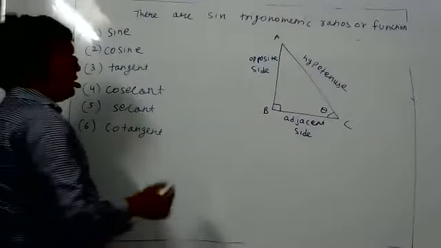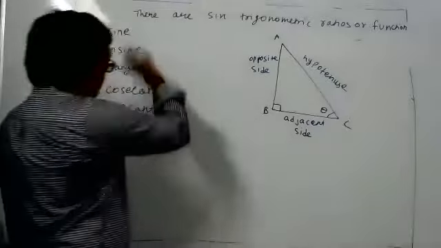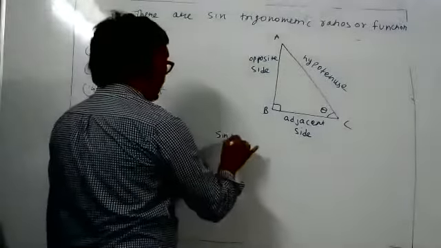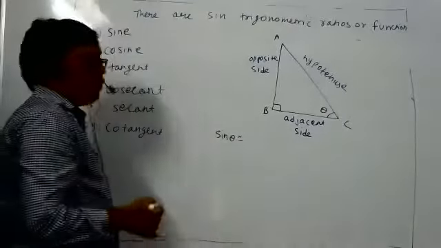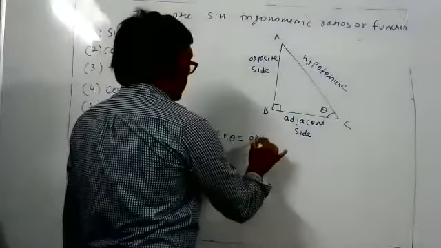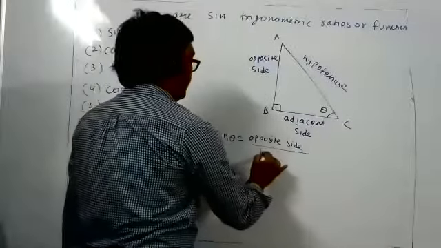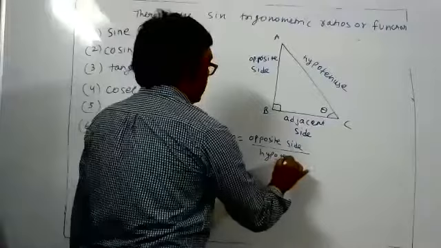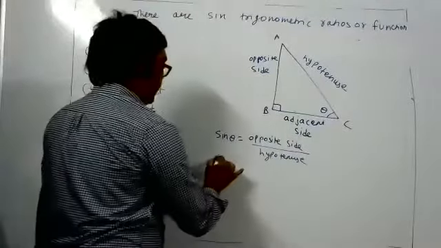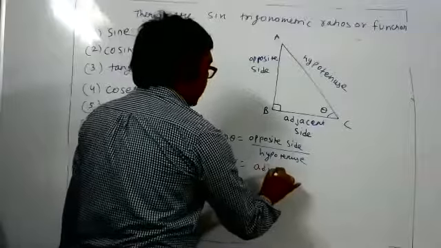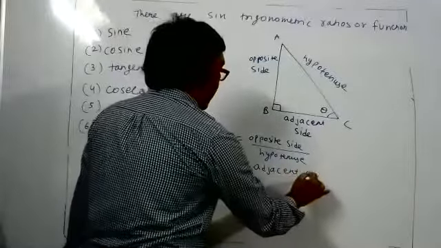Usually we write these in short form only. Sine theta: what is the formula? Opposite side by hypotenuse. Write fast, all of you know this. Cos theta is adjacent side by hypotenuse. If somebody has a doubt in this, you have to learn these formulas.